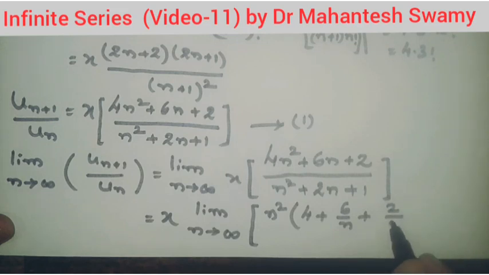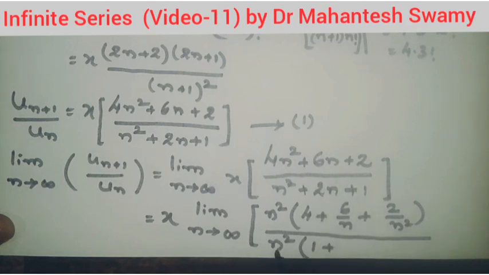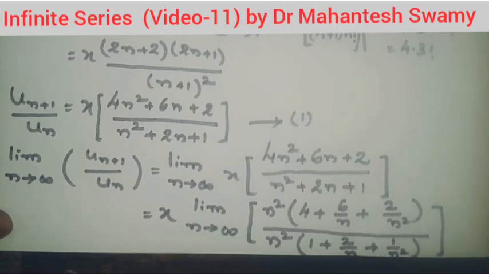Similarly, in the denominator, if I take n square common, here it is 1 plus 2n by n square, therefore it is 2 by n plus 1 by n square. So this is the thing I am getting over here.